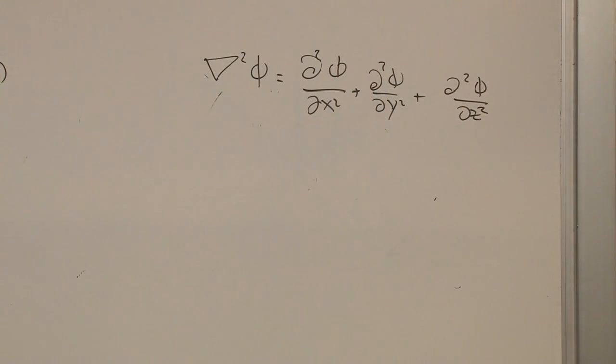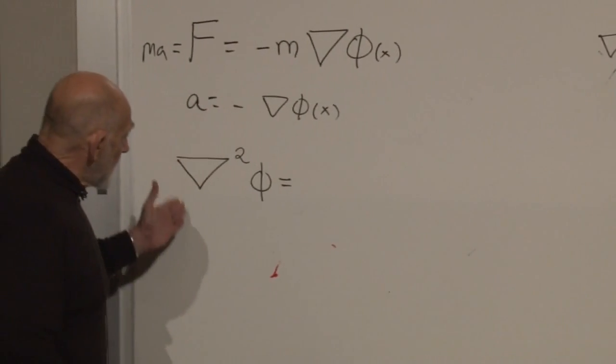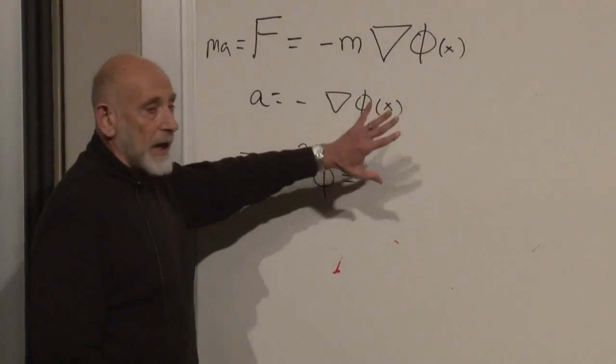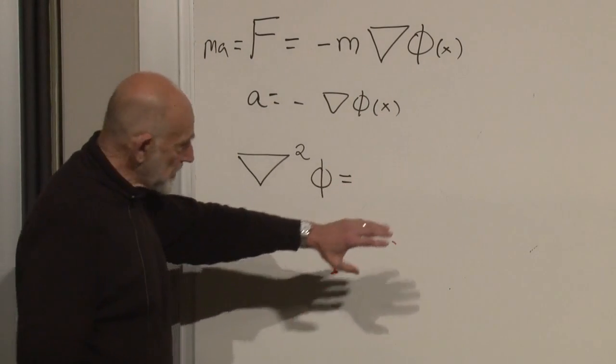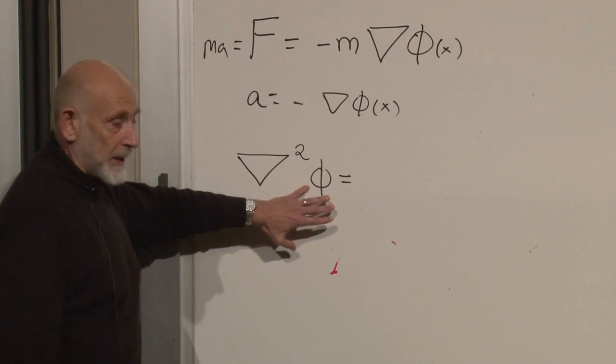It's called del squared phi, and it is equal to something which on the right-hand side has the distribution of masses, which are the things causing the field to be there.